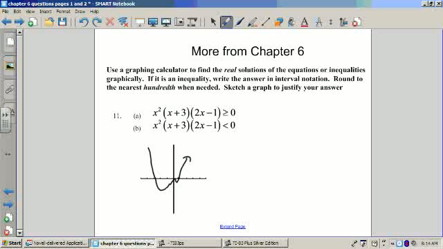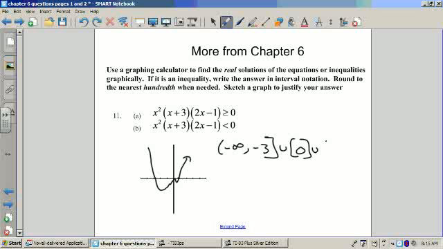That tells me that where I'm greater than or equal to 0 must go from negative infinity to negative 3, including negative 3. And then at the point 0, I actually bounce, so I need to add the point 0.